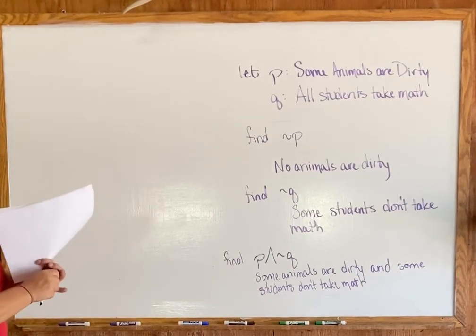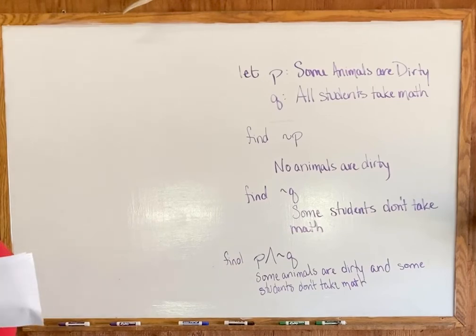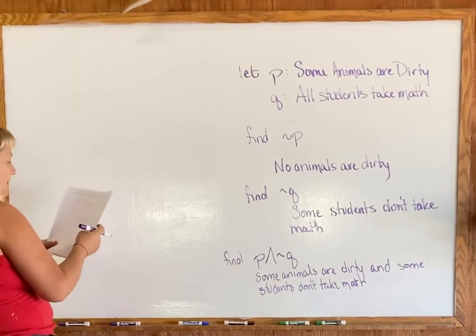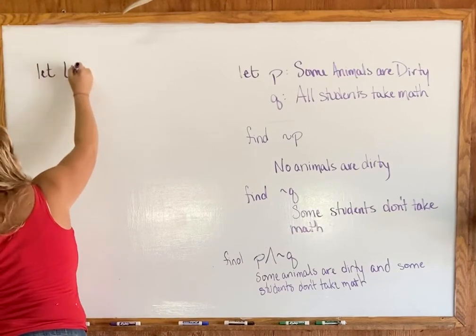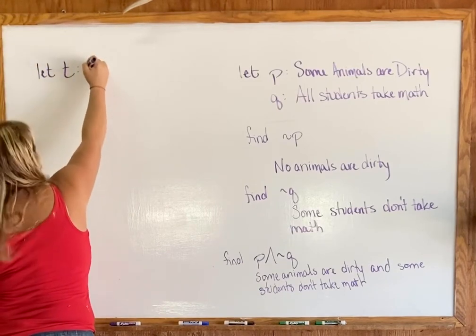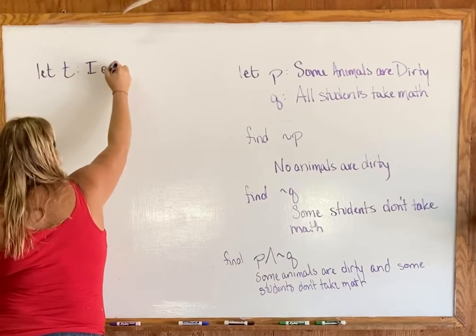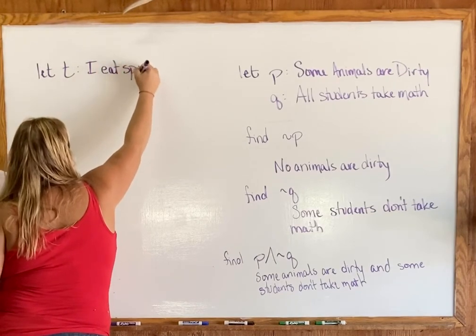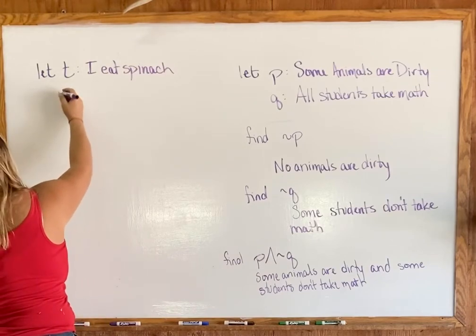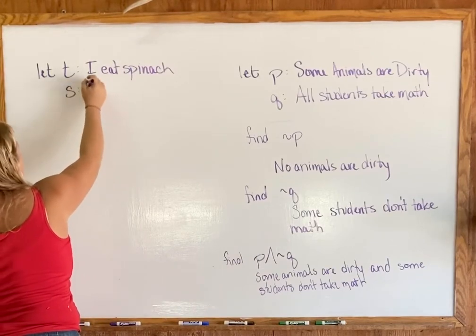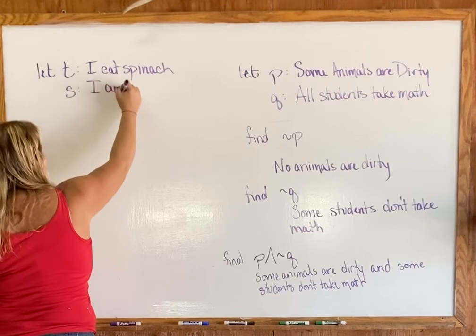Okay, so this time I'm going to have two new statements, and we're going to call them T and S. So let's let T be I eat spinach, and S is going to be I am strong.